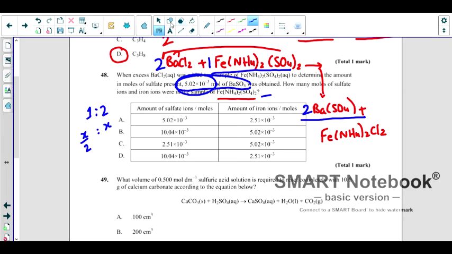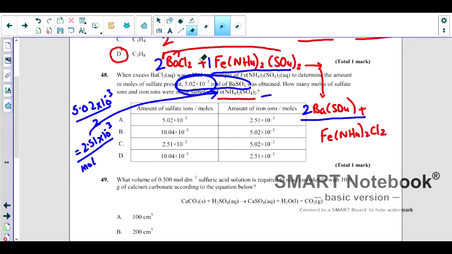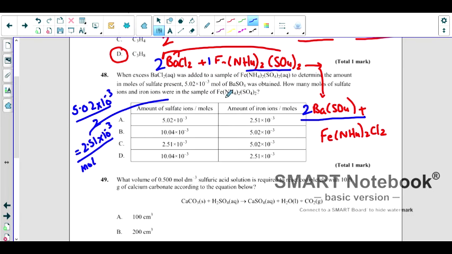When you solve this, 5.02 × 10^-3 divided by 2, you will get around 2.51 × 10^-3 moles. It means you have this much moles of this. Now if you look at the formula, consider the mole ratio of sulfate ions and iron ions.